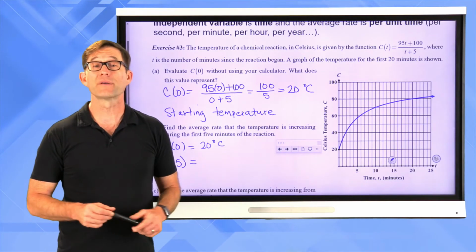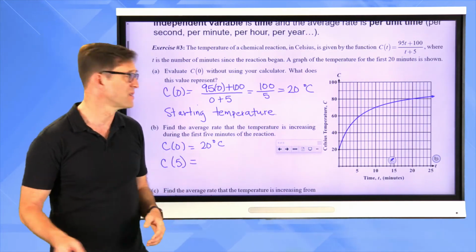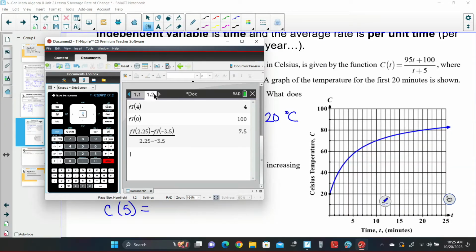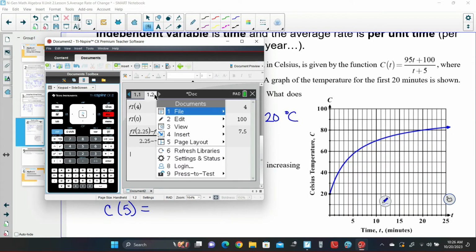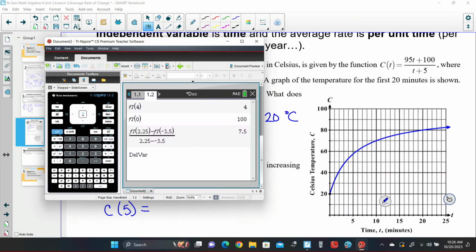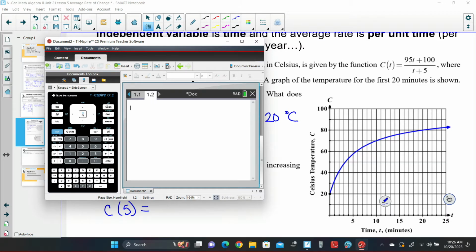All right, well, I could certainly do what I did before and put this formula in as f of x1 and things like that. I don't think I'm going to do that. I think I'm just going to come back to here and clear this stuff out. Well, that didn't work. Let's try that again. Let's go to Menu, Actions, Clear History. That's what I want. All right, so I just need to figure out what this thing is equal to at 5.